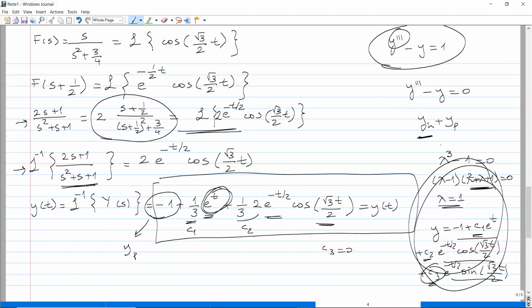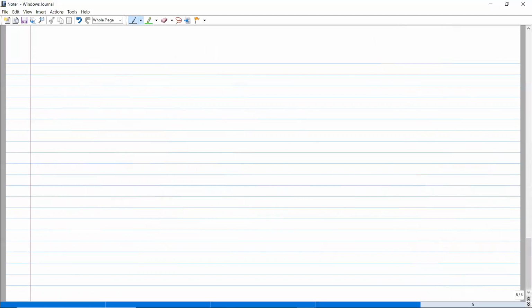And to do this, we use partial fractions. We separate our rational function into partial fractions, and for each partial fraction, we find the inverse and combine them all together using linearity. But the main thing with Laplace is that we can use it on step functions.